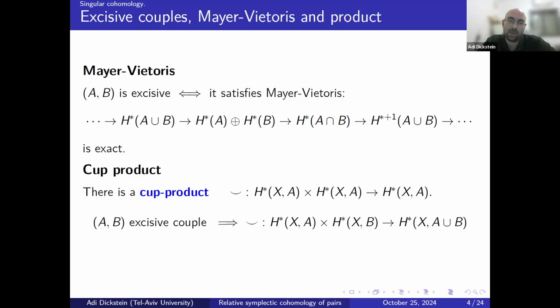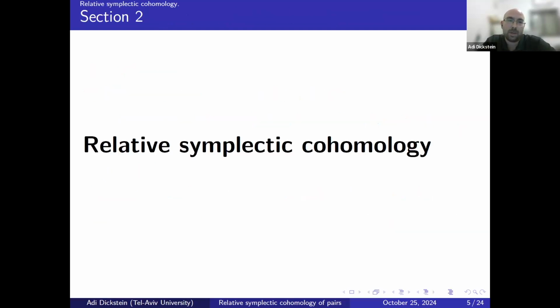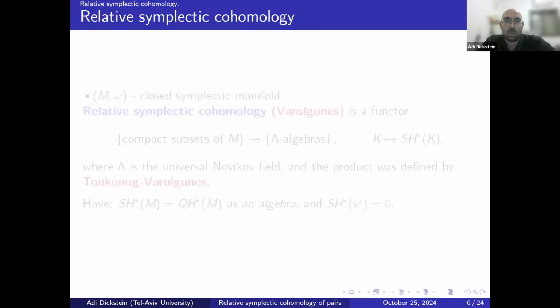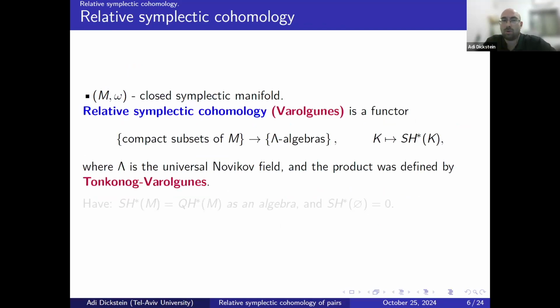Now, what happens in the case of relative symplectic cohomology? So what is it first? We have a closed symplectic manifold, and Varolgunes defined a functor called relative symplectic cohomology from compact subsets of the manifold to Lambda algebras.